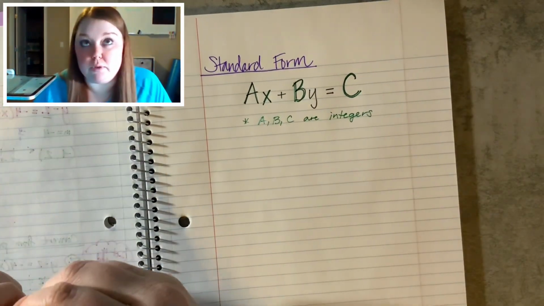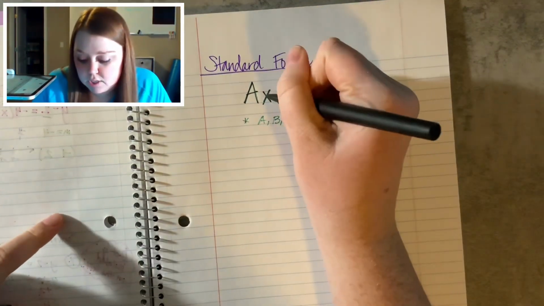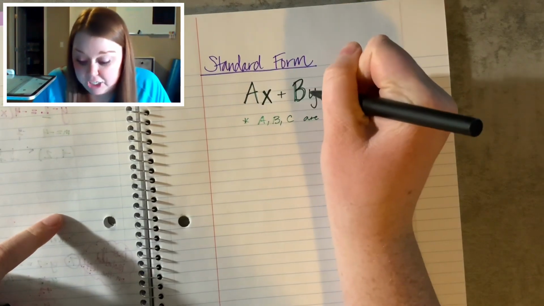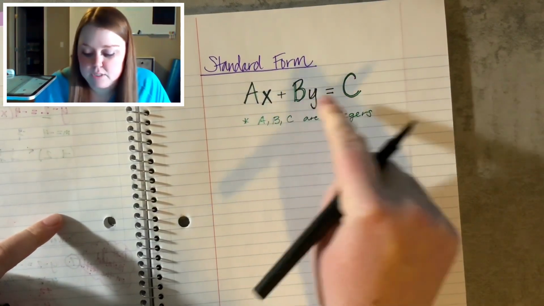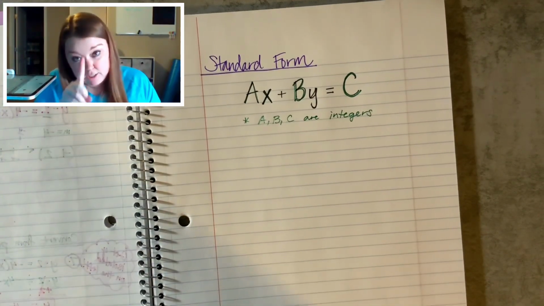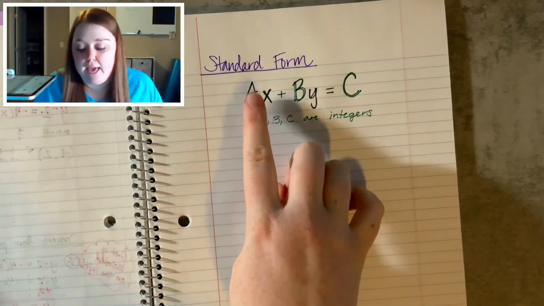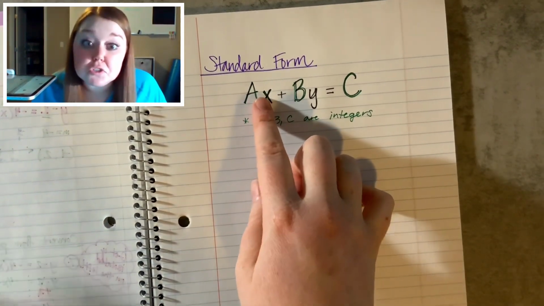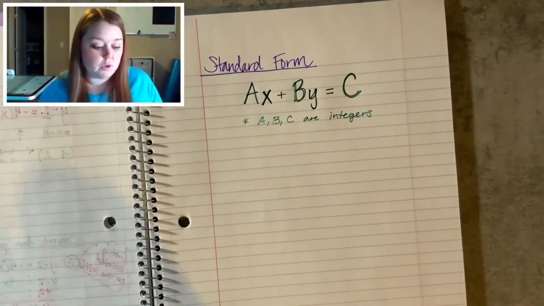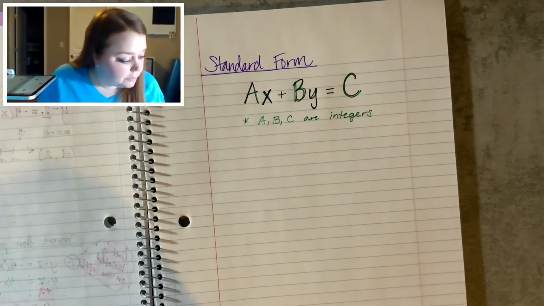Integers are whole numbers, can be negative or positive. So no decimals, no fractions. That's just kind of standard for standard form: A, B, and C are going to be whole numbers, but they could also be negative. Technically, if you want to be super technical, and I'm not going to be this technical, A should always be a positive integer. B and C can be negative though. A little bit more than we care to know though.